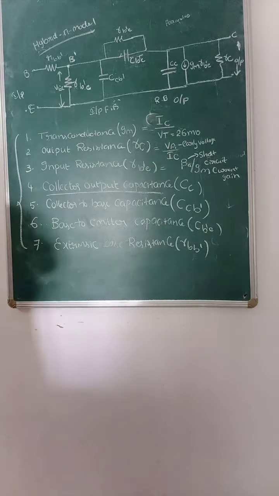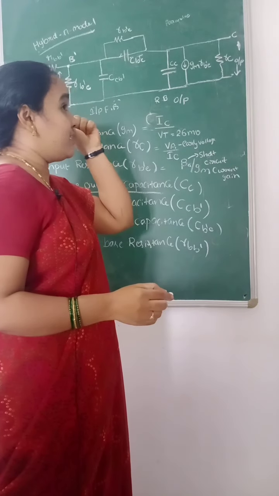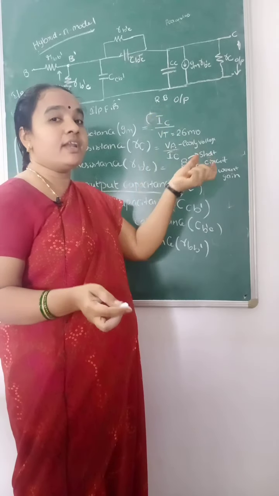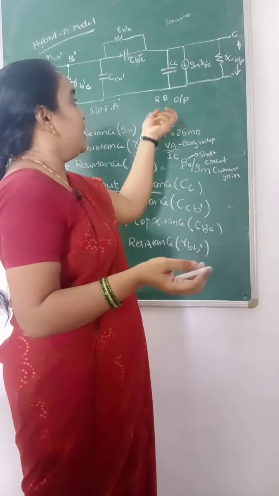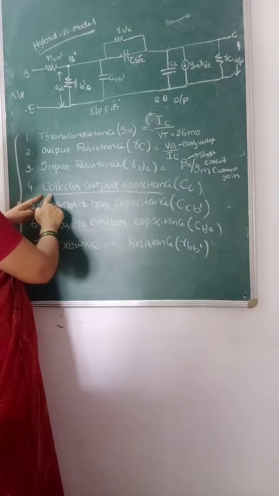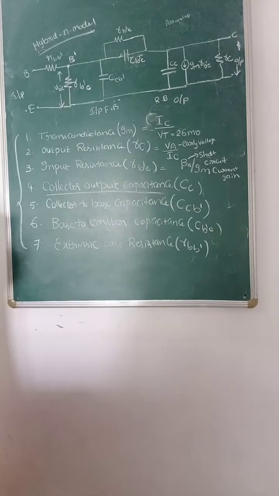The reverse biased PN junction exhibits a capacitive effect. That's why, as we studied in the varactor diode, a reverse biased PN junction will offer a capacitance. This reverse biased capacitance is denoted by the collector output capacitance called CC.